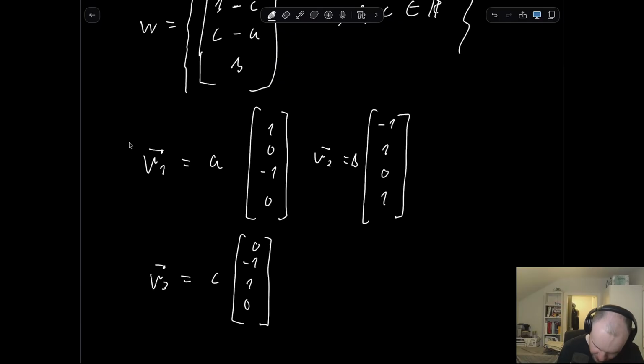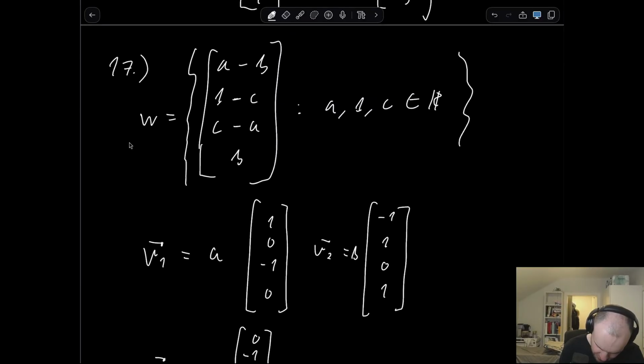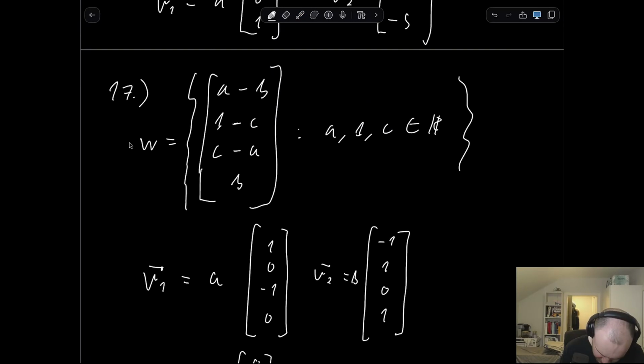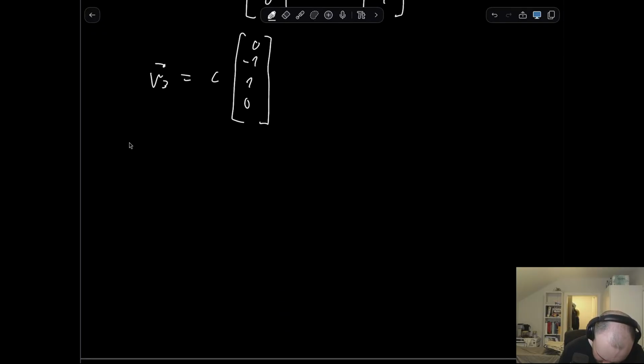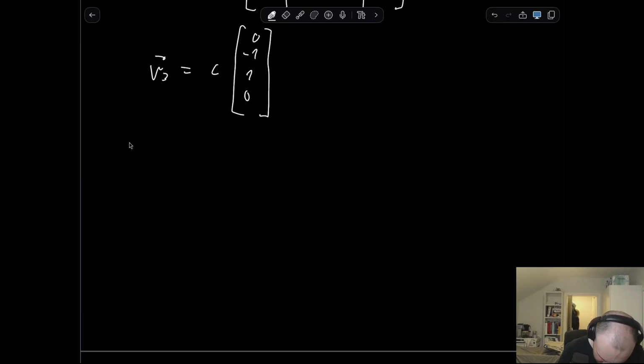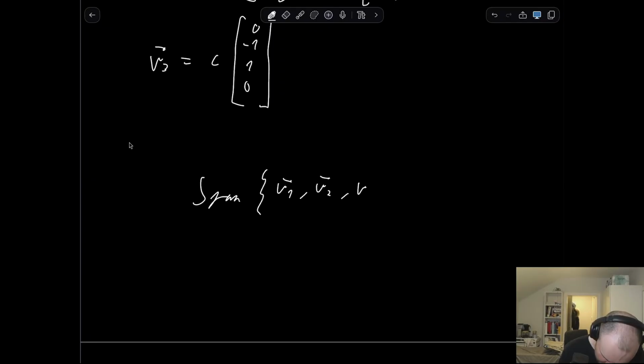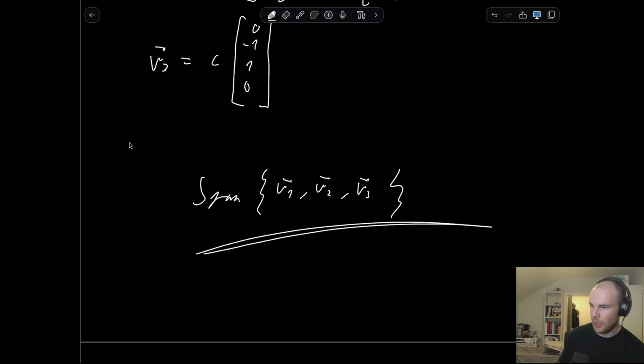Now we actually manage to create this vector here, which means that these three vectors span W, which means that they create a subspace. So the span of v1, v2, v3 is a subspace. Okay, cool.